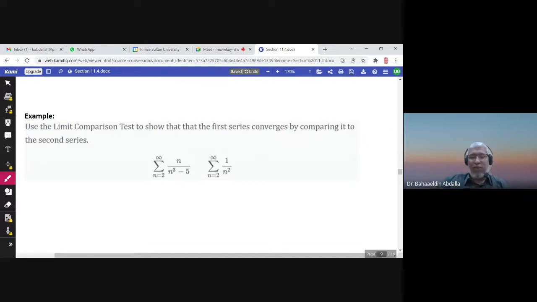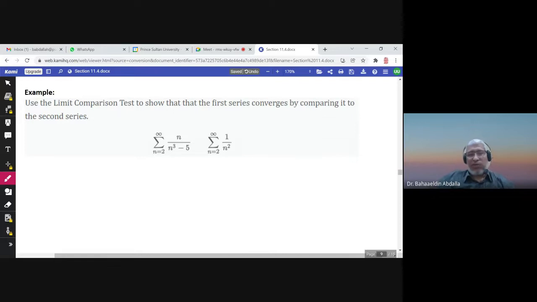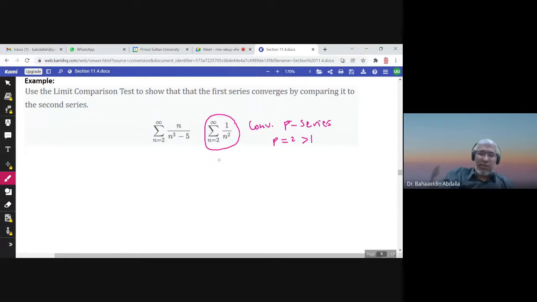Use the limit comparison test to show that the first series converges. This series, well, this series is a convergent P series because P is 2, greater than 1. So let us find the limit of An over Bn when n approaches infinity. This is An and this is Bn.